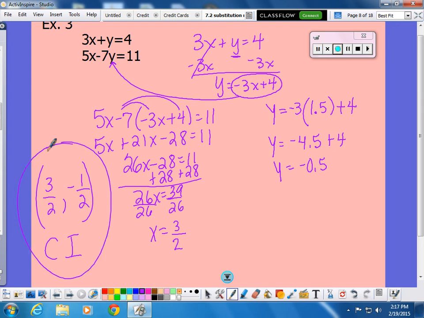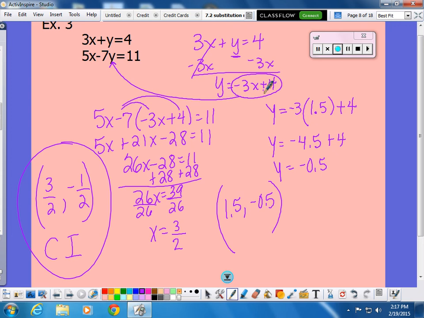I gave fractions and decimals. It doesn't matter how you write it. You can do 1.5 and -1/2, or you can do 1.5 and -0.5, however you want to write that. The only thing that we did differently on this example than we did on the previous ones is that we had to get y by itself before we started. That part had not been done for us.